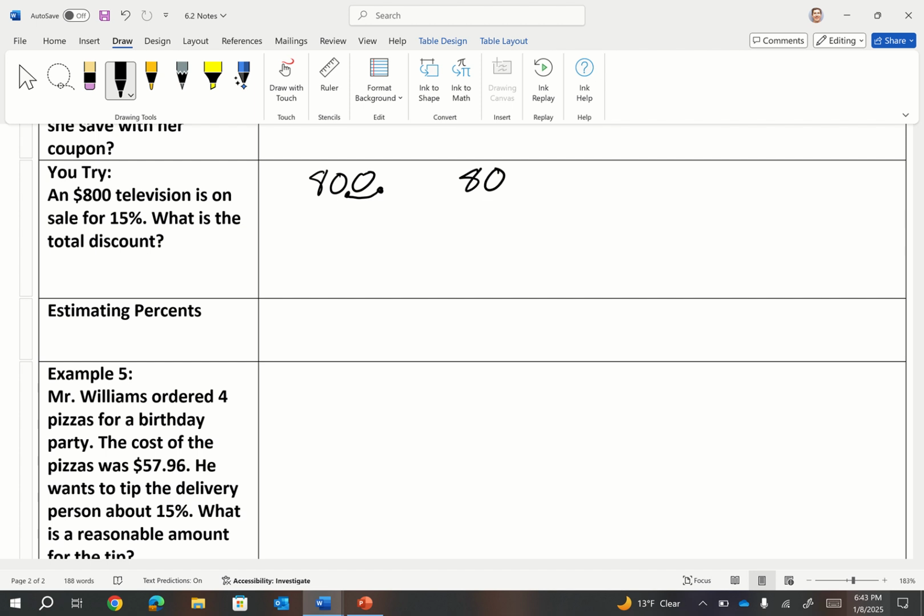So I just need to know what 5% of 80 is. So I can cut 10% in half. 5% of 80 is 40. If I add those together, because this was my 10%, 40 is my 5%, we get a total of $120 for the discount.